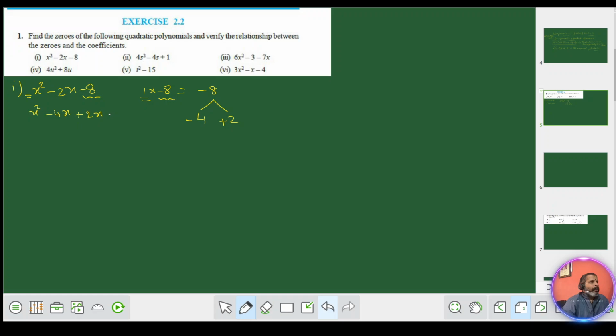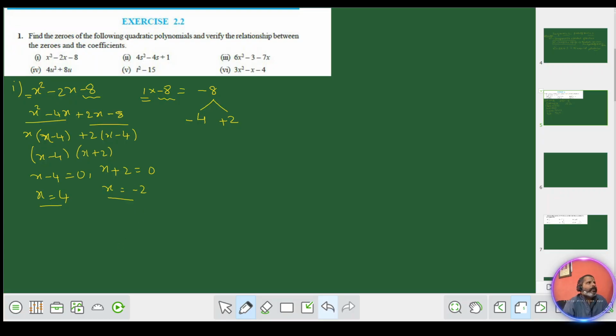Then take the common factor: x of (x minus 4) plus 2 of (x minus 4). X minus 4 is common and x plus 2 is common. To find the zeros, equate them to 0: x equal to 4, one of the zeros; x plus 2 equal to 0, x equal to minus 2, another zero.